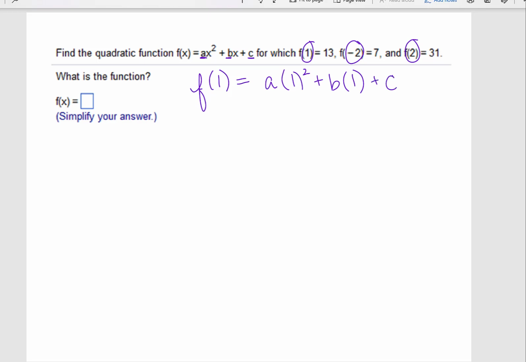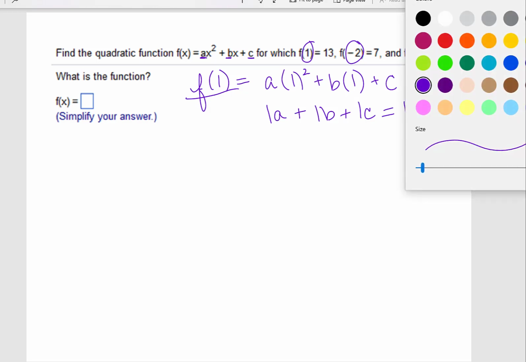And they're saying, look, when that happens, this will equal, so 1 squared, I'm going to simplify this, would just be 1a, right? 1 times b would just be 1b. And then there's not an x by that c, but that's just understood that it's a 1c equals 13. So f of 1 equals 13. That's where I got the 13.